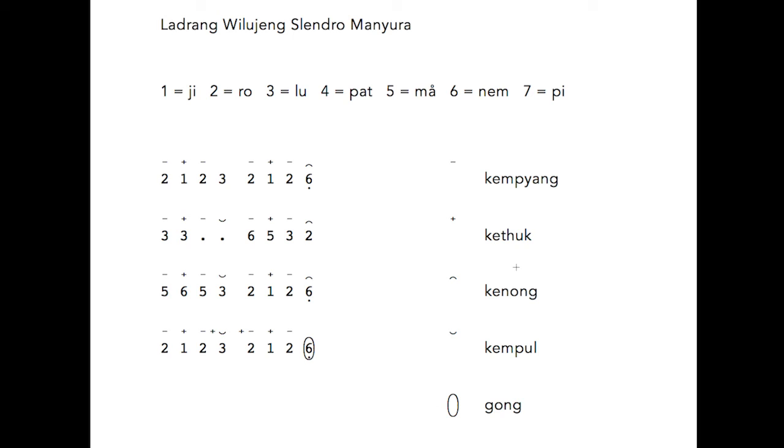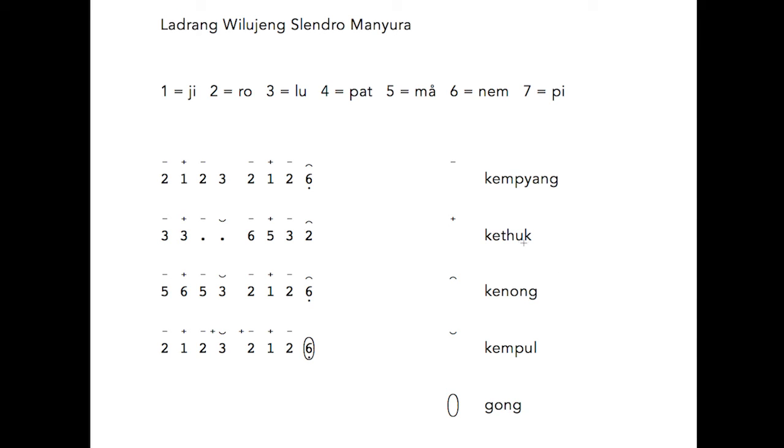For each of these names, we're going to just say the second syllable, just like we did with the numbers. So it's going to become piang, tok, nong, pul, and gong.